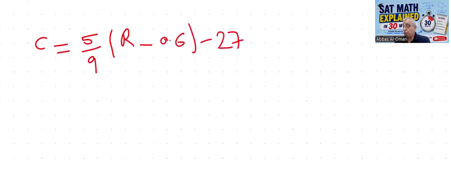So this is a relationship between the temperature in degrees Celsius, that's C, and the temperature in degrees Rankine, R.